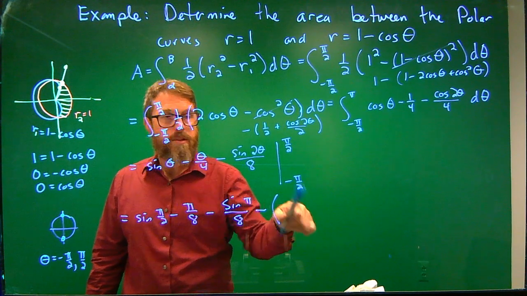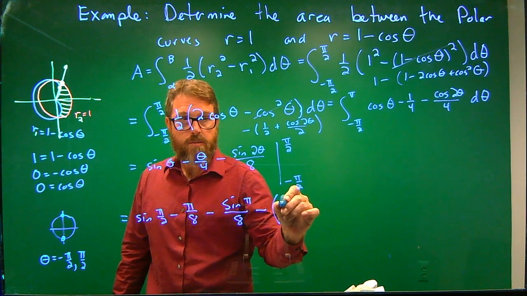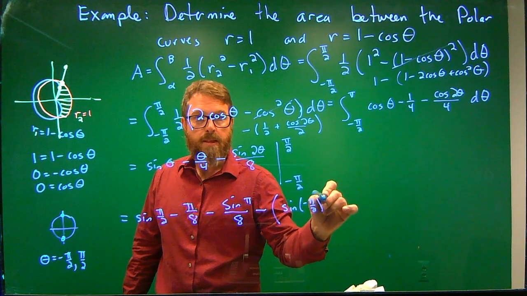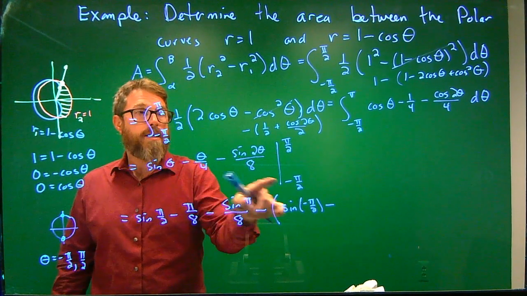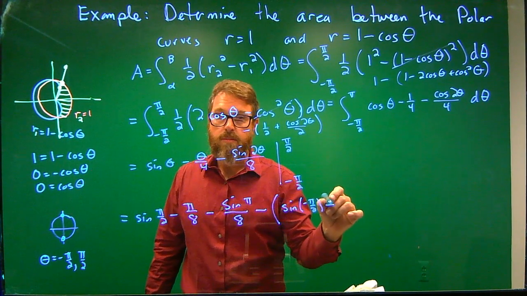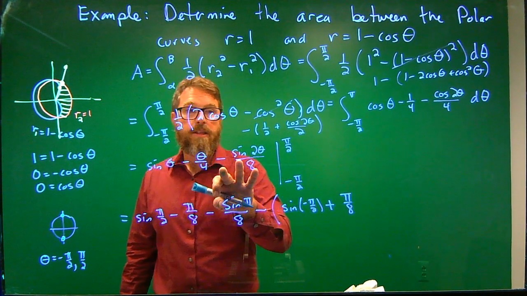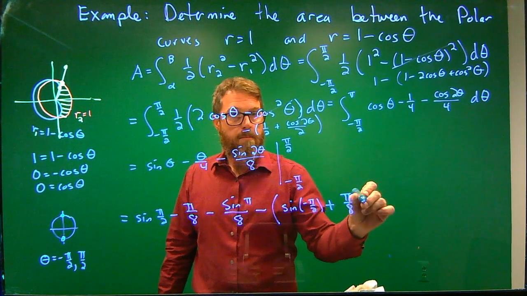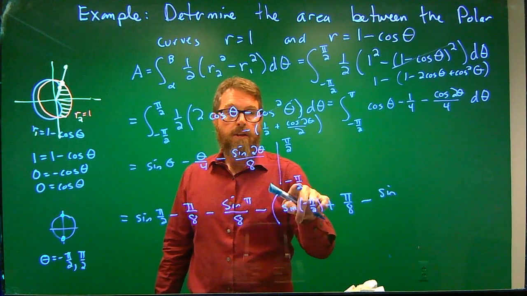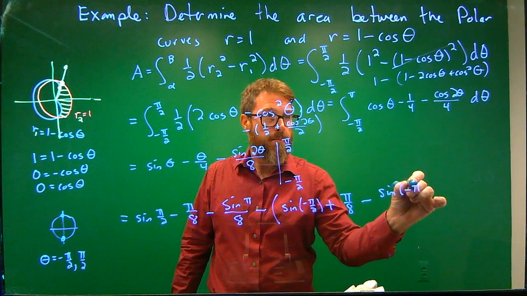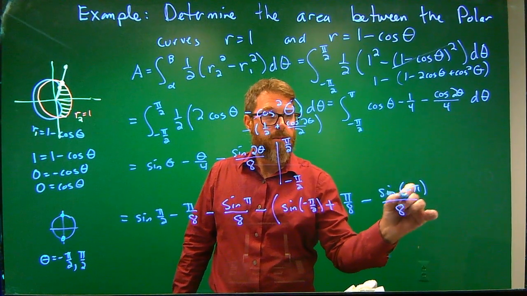Minus, now when you evaluate this at negative pi over 2, this is going to be the sine of negative pi over 2 minus minus pi over 2, so this is going to be plus pi over 8. And then finally minus sine of 2 times negative pi over 2, so this is going to be negative pi all over 8.